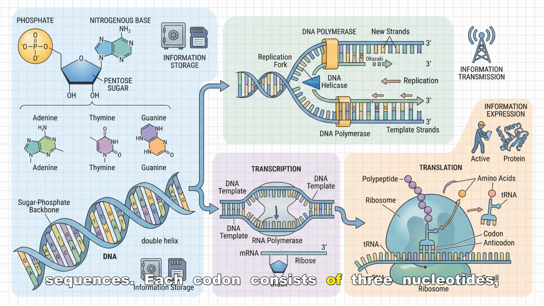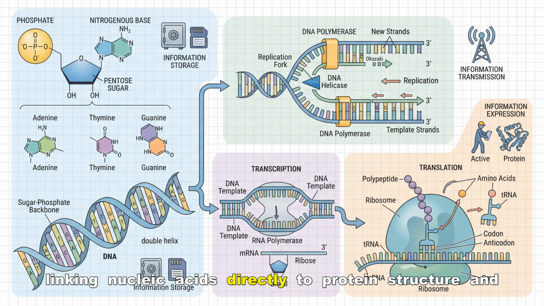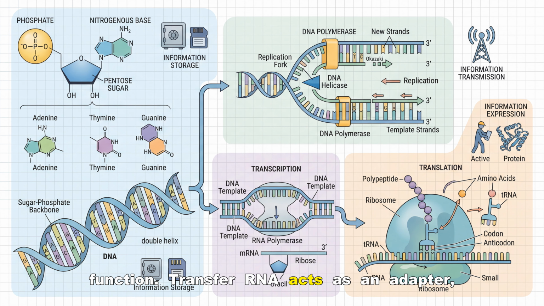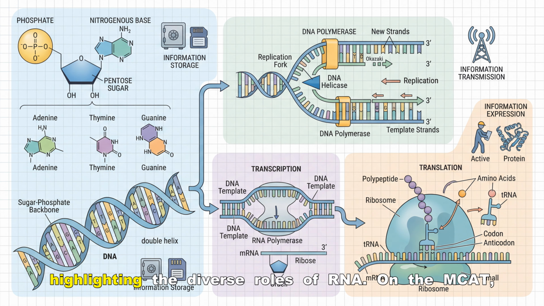Each codon consists of 3 nucleotides, and this triplet code determines the amino acid sequence, linking nucleic acids directly to protein structure and function. Transfer RNA acts as an adapter, and ribosomal RNA forms the catalytic core of the ribosome, highlighting the diverse roles of RNA.